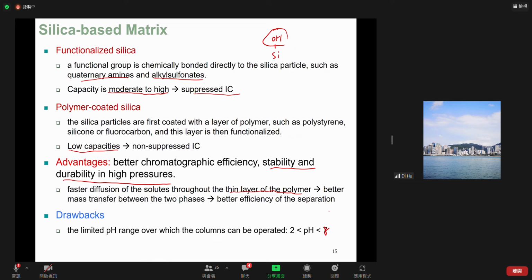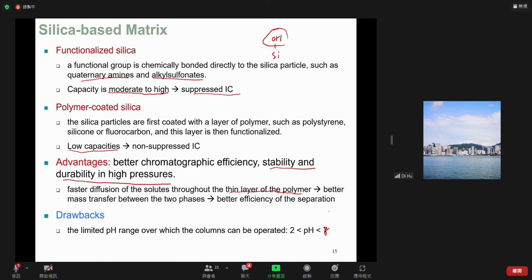Remember we mentioned for the mobile phase, we can use sodium carbonate, sodium bicarbonate. That mobile phase already has a pH of 10. And sometimes we can even use sodium hydroxide, and then the pH can go up to 12.